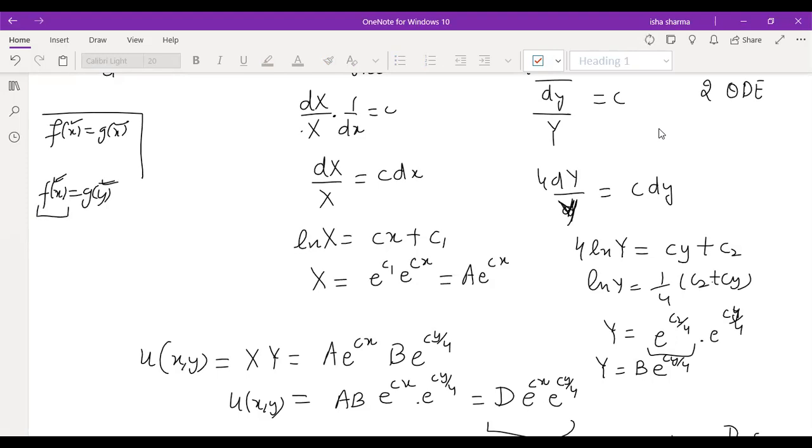So that means this is clearly not depending upon x, and this is not depending upon y, because whatever you substitute there, they have to remain the same. That is only possible when this is independent of x and this is independent of y. That means they have to be a constant function.